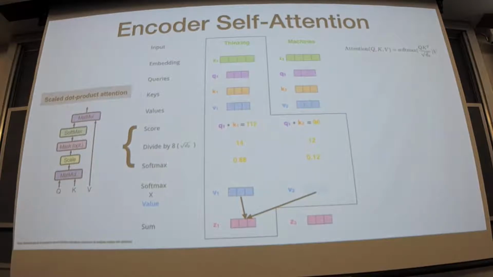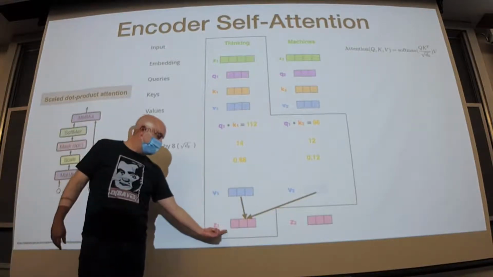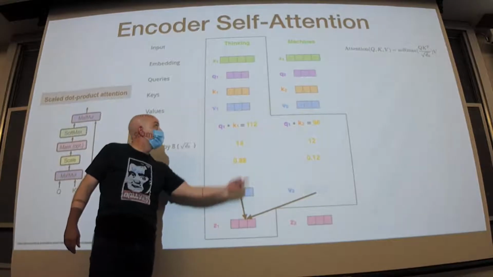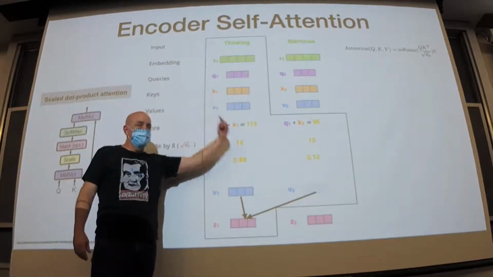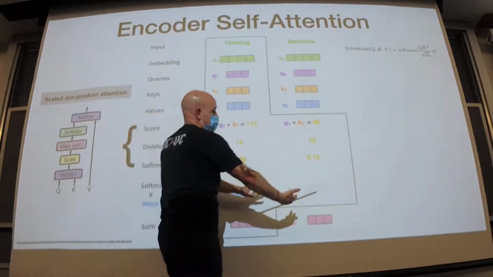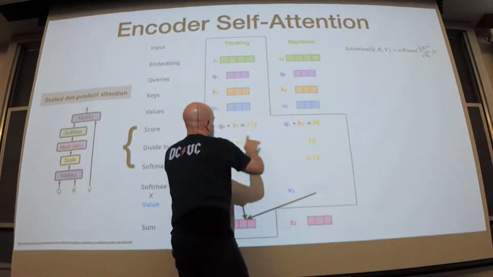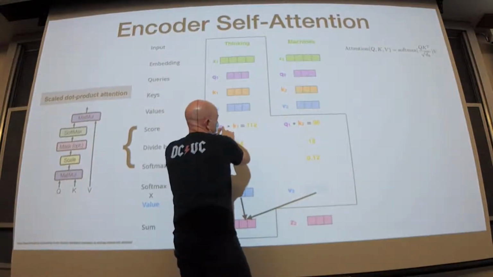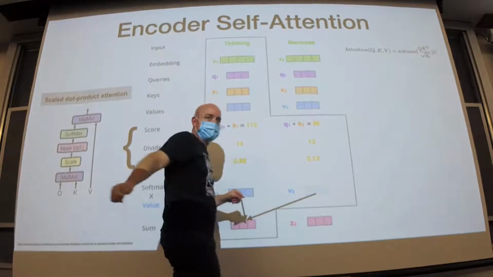So why is it Q1 times K2? Is that because we're computing the output for just the first token, but we do exactly the same thing for Z2. It's just that these would now be Q2 and K2 here.